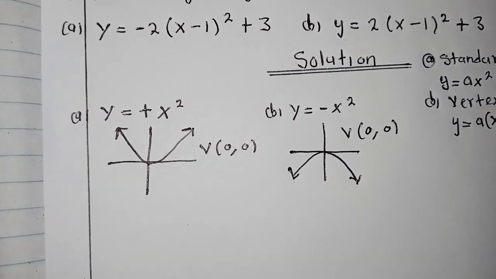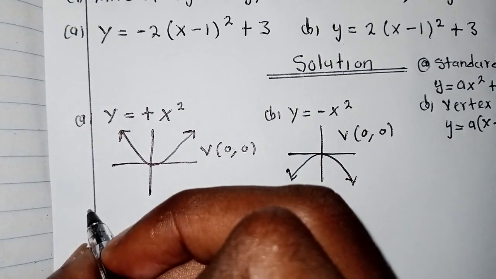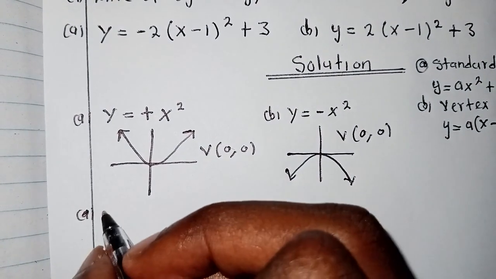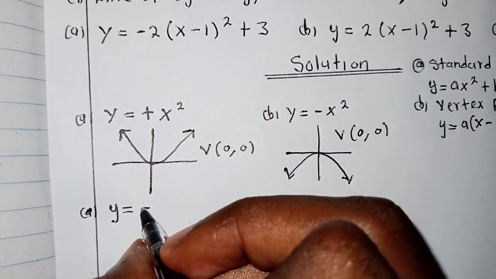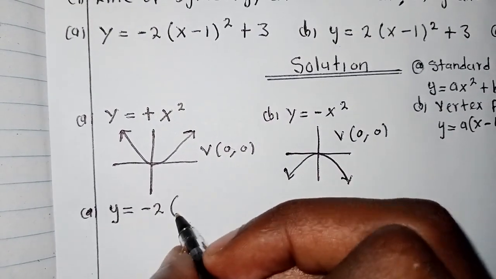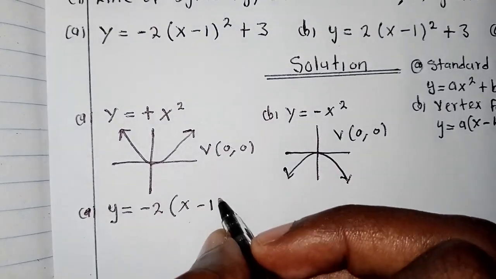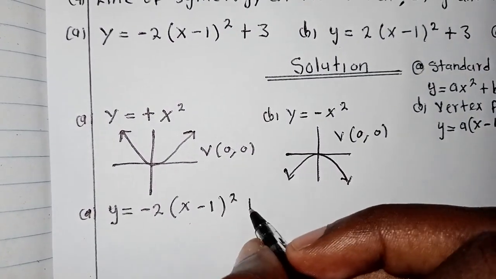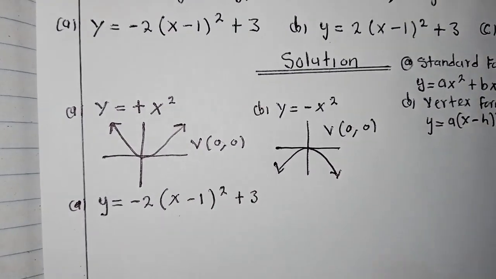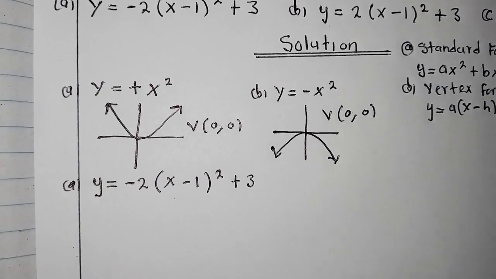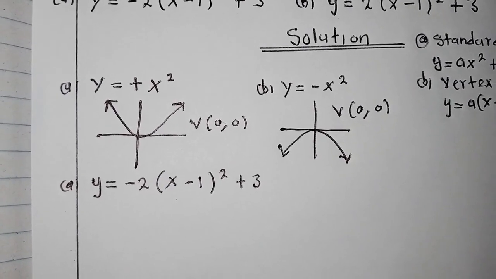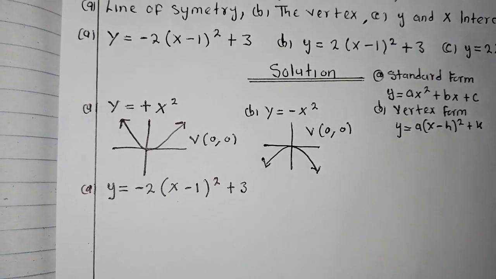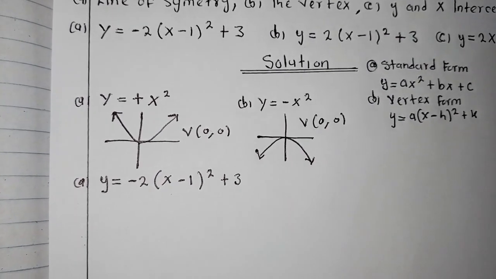So now for the first question, it is simply saying we sketch y equal to negative 2(x minus 1) to the power 2 plus 3. For this one, it's simple because everything has already been done for you, so it's already in the vertex form.